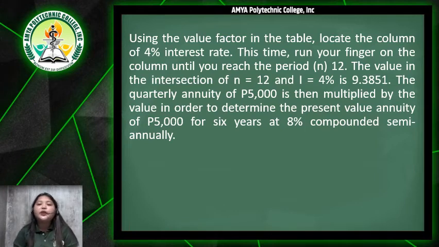So the value at the intersection of n equal to 12 and our interest of 4% is 9.3851. So the semi-annual annuity of 5,000 pesos is then multiplied by the value in order to determine the present value of the annuity of 5,000 pesos for 6 years at 8% compounded semi-annually.